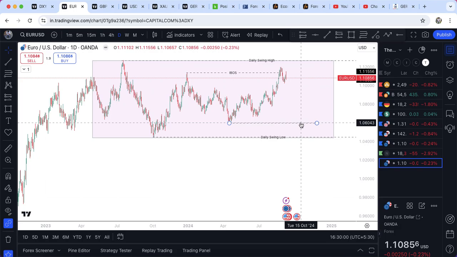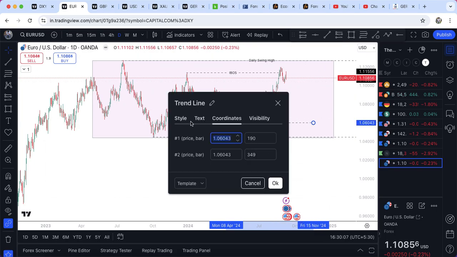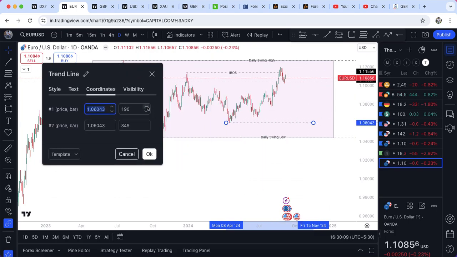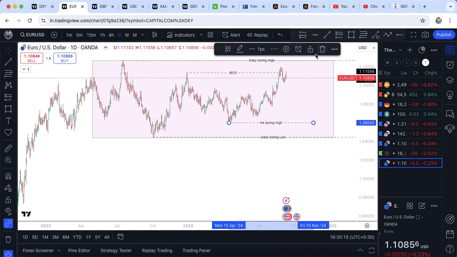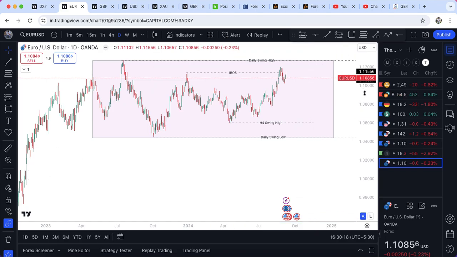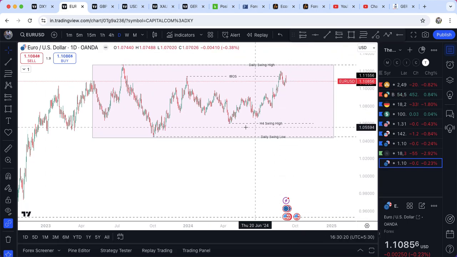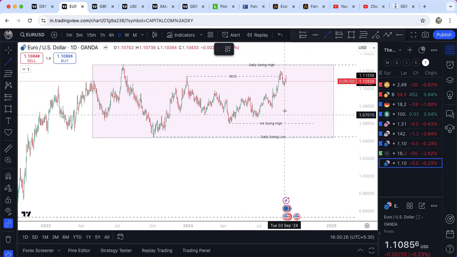So I'm going to call this the 4-hour low. For our low, and I call it as well the potential targets. But for now, we are not sure, so we just have to use our 4-hour high.